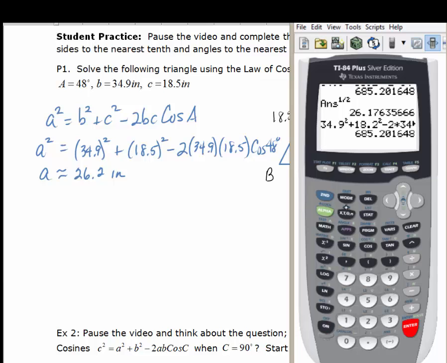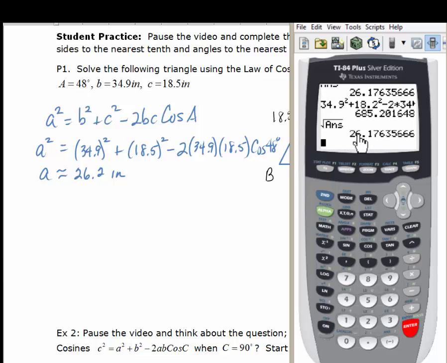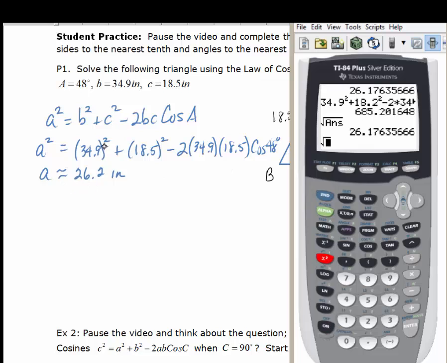And the other thing I can do if I want is hit second x squared, which is the square root, and then hit second minus sign. What that does is it's actually the answer key, and it'll take the square root of the last value that you have evaluated. And you can see you get the same exact answer. Your other option is to do second square root and type in that whole expression right under the square root. You have to just make sure that you've got all your parentheses written in if you do it that way.